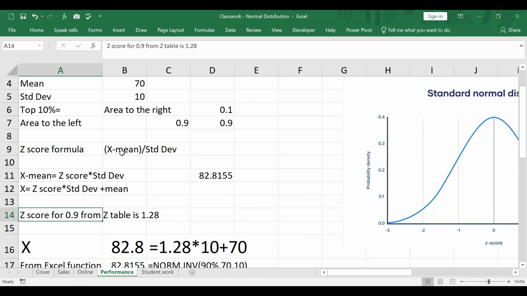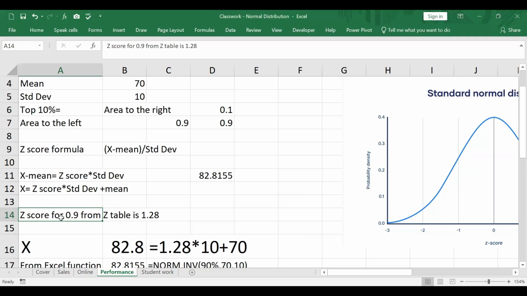Just taking standard deviation to the other side, Z score into standard deviation is X minus mean. So X equals Z score into standard deviation plus mean.